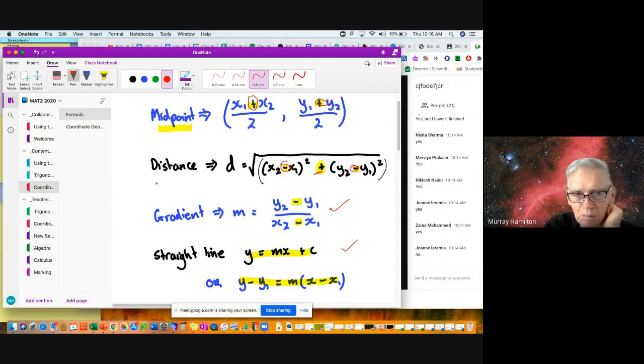So how do you remember this, whether we add or subtract? How did I teach my class last time? Distance you subtract, gradient you subtract. The midpoint is the only one you add. So if I put add here, ADD, the third letter lines up with the D there, and that's one way of remembering it.